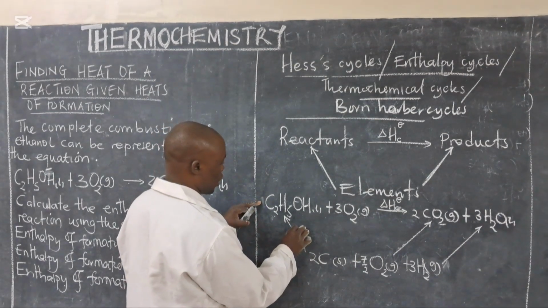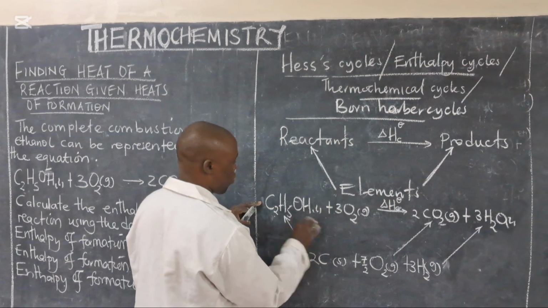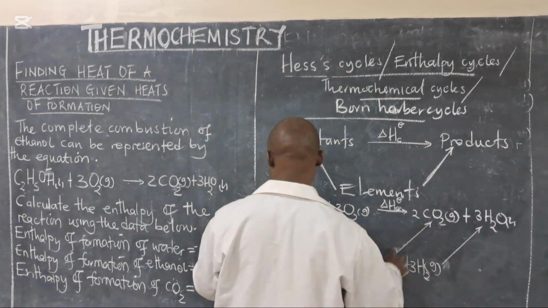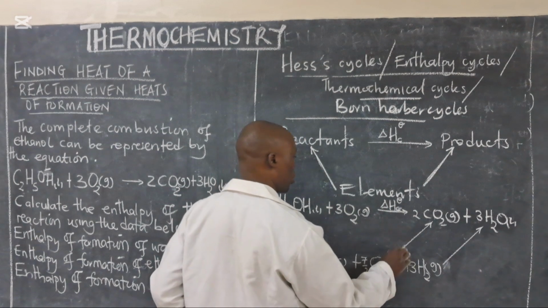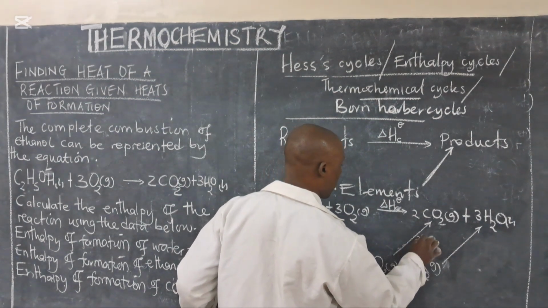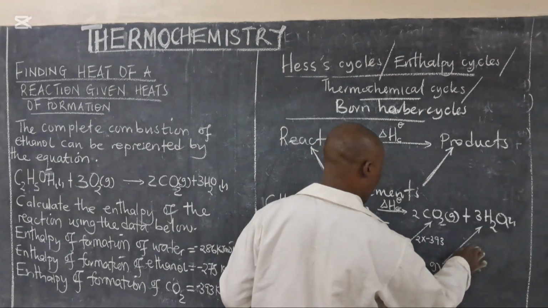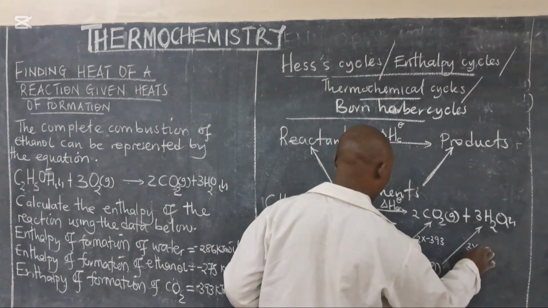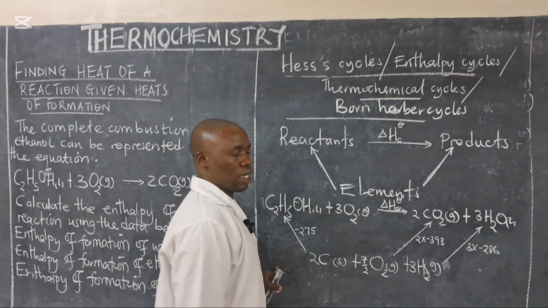Formation of carbon dioxide is negative 393, but you have formed 2 moles, so this is 2 times negative 393. Then for water, I formed 3 moles, negative 286.